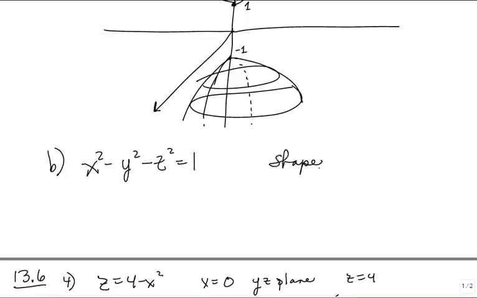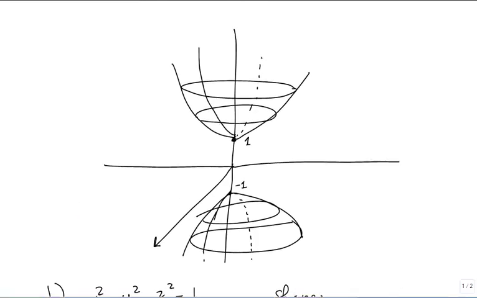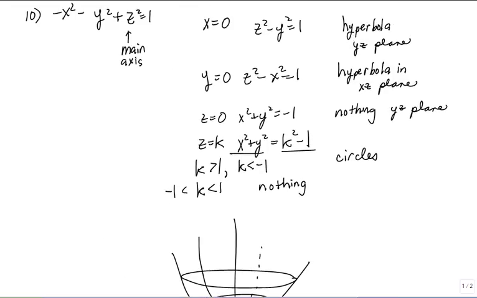That means you're going to have the same traces, but the main axis is the x-axis this time, because that's the one that's positive. So this picture we just drew is just going to be rotated. And since z was positive before, the main axis was the z-axis.